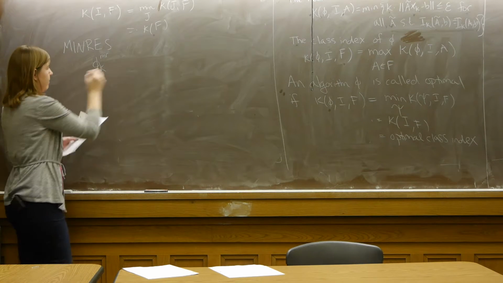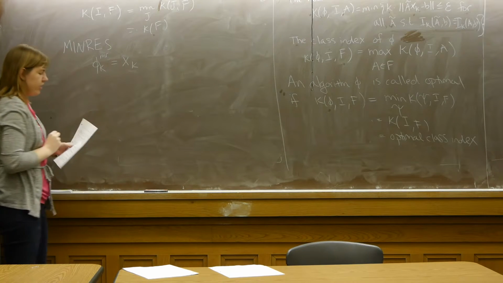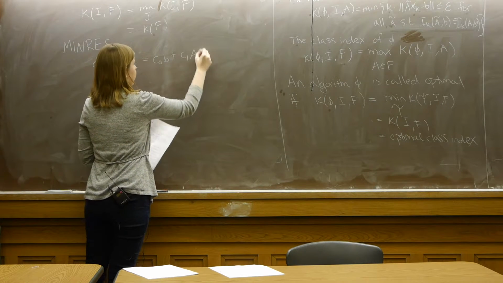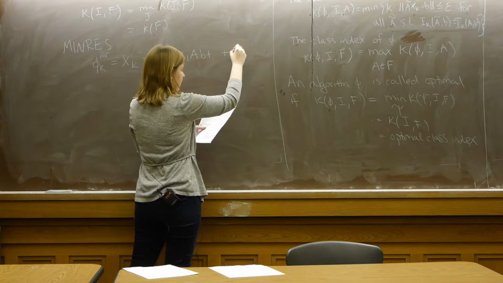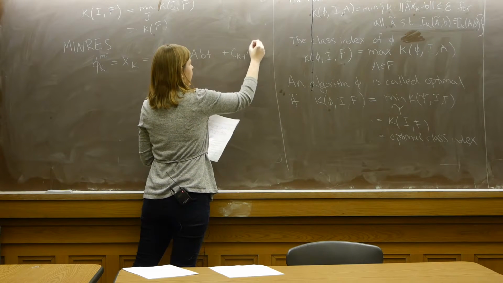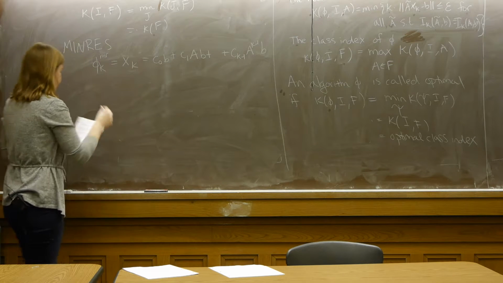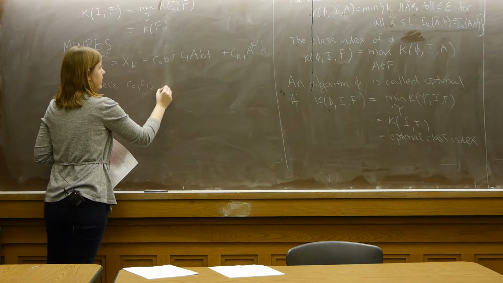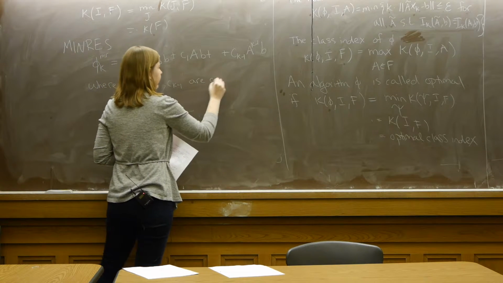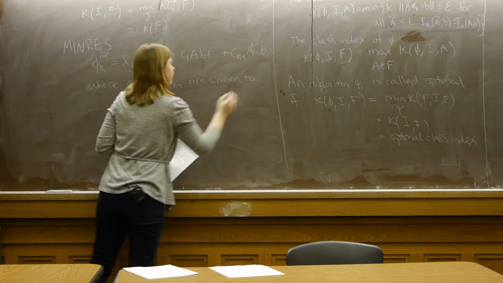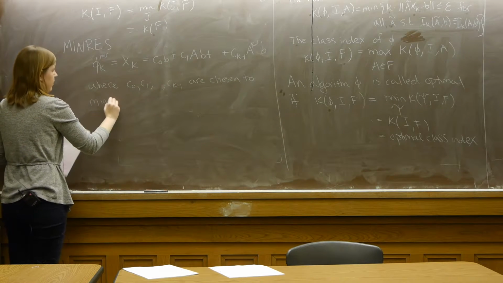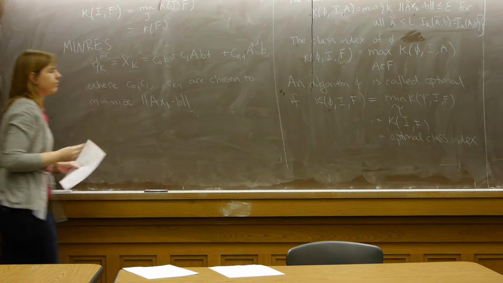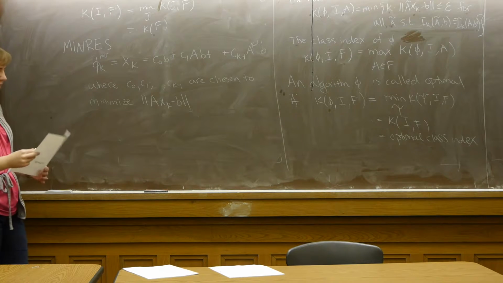At the kth step it gives a vector x_k, which is just c_0 b plus c_1 A b plus ... plus c_{k-1} A^{k-1} b, where the c_i, c_0, c_1 through c_{k-1}, are chosen to minimize the norm of A x_k minus b. So that's the MinRes algorithm.